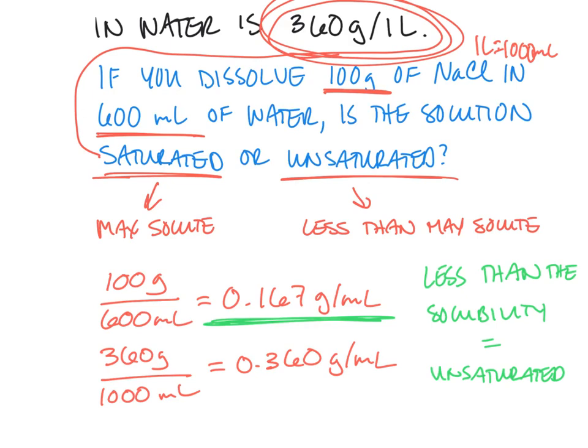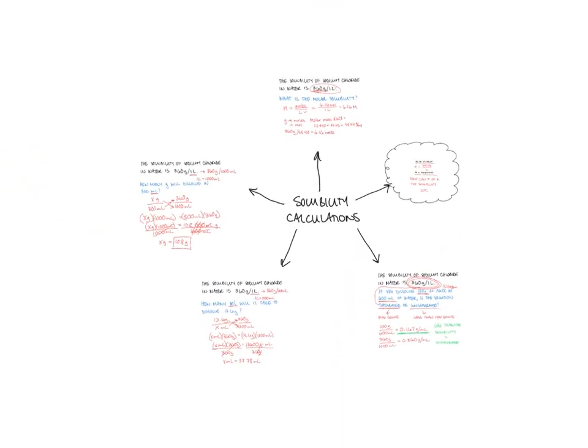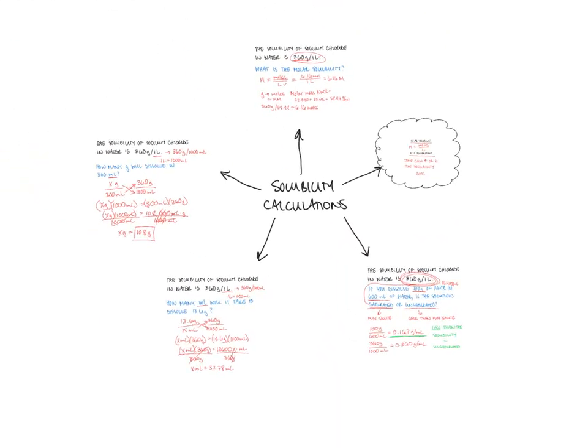And we could also use this to figure out how many more grams we could dissolve if that was something that the question asked. This question just asked, is it saturated or unsaturated? But from here, we could determine how many more grams we would need to dissolve in order to reach a saturated solution. So those are just several different ways that we can use solubility to do a variety of different calculations.